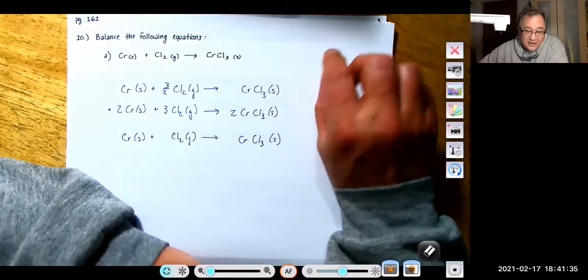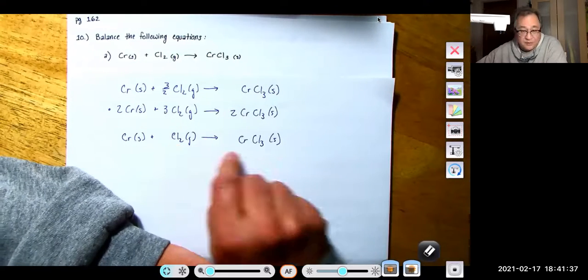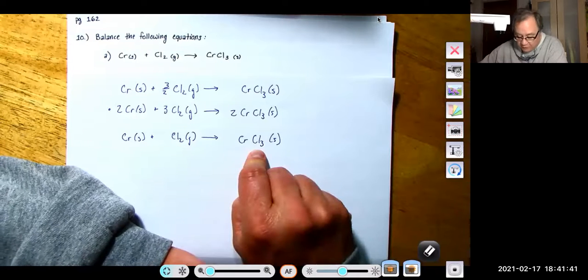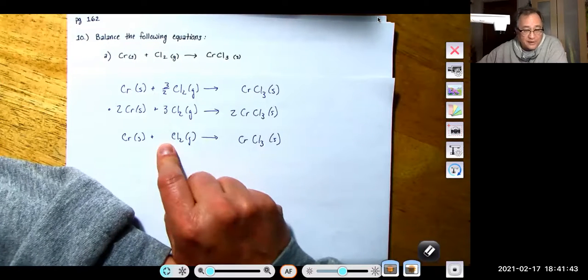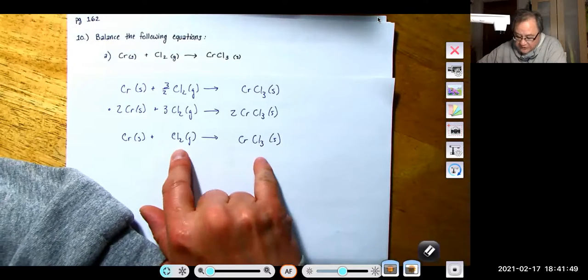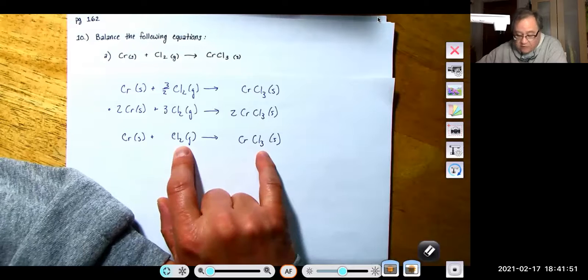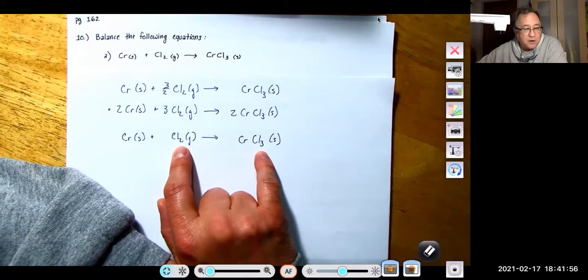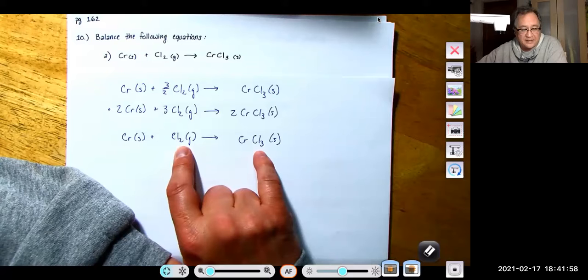So we see that these come in 2s and these come in 3s, and we don't like that because one is even, one's odd. If we put a 2 here, we end up with 4 chlorines. That's no good, and so forth and so on. So what you do is you take these 2 subscripts and you find out what they both factor into. And the simplest way to find out what they both factor into is multiply them. 2 times 3 is 6.